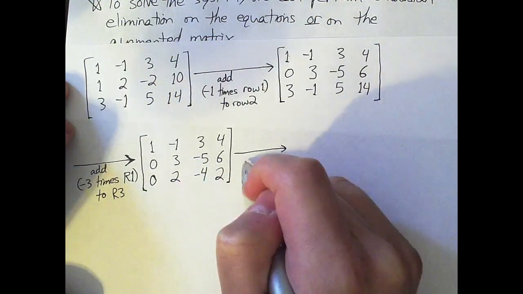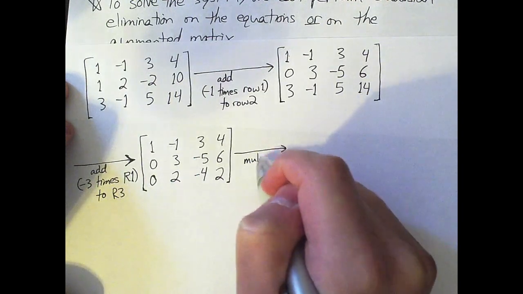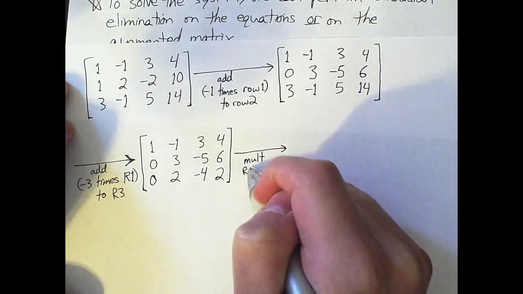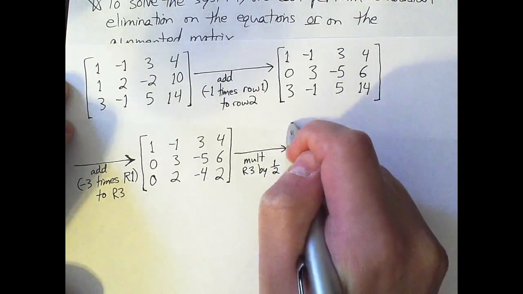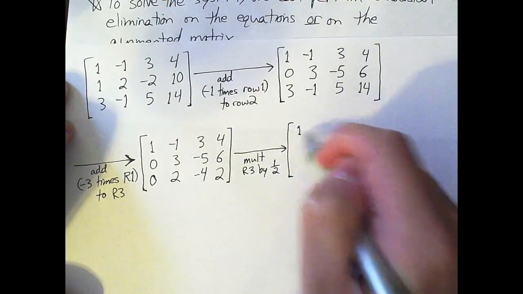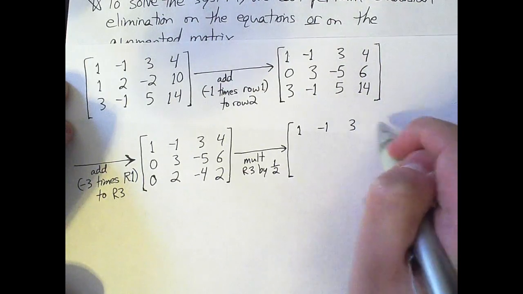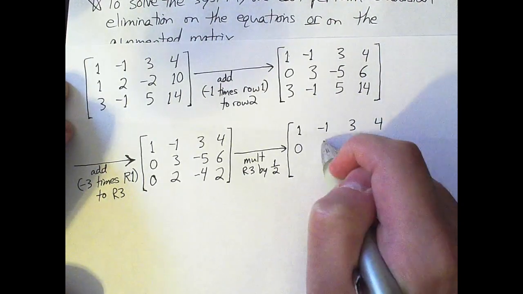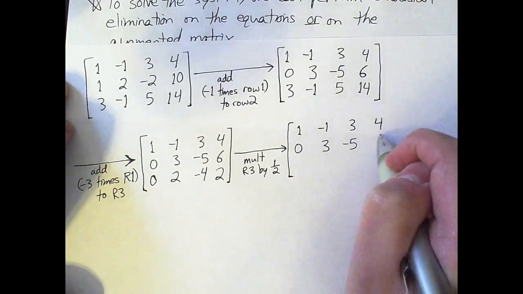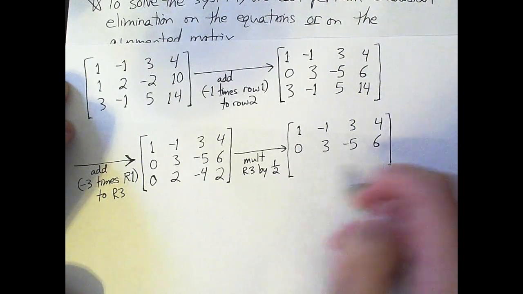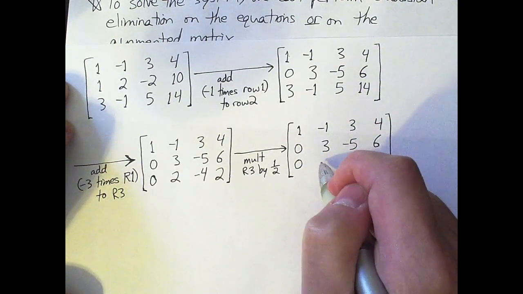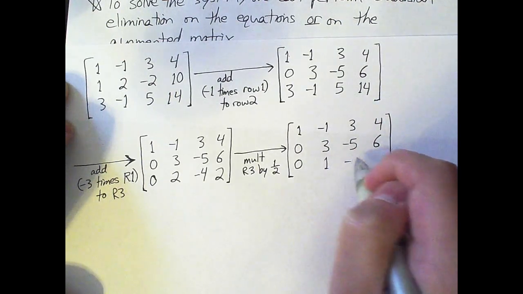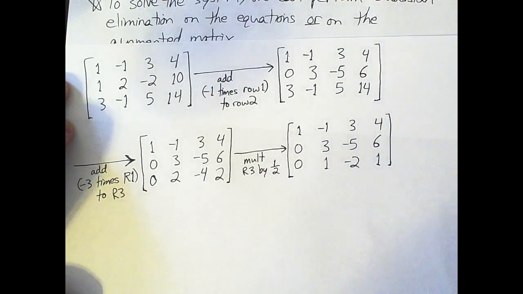So what we could do is multiply row 3 by 1/2. I think that's going to make this a little simpler. So let's do that. I wouldn't always multiply a row by 1/2, but if you notice that everything is like a 2 and a 4 and a 6 and an 8, yeah, that made this a little simpler.